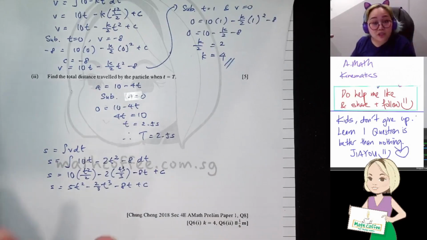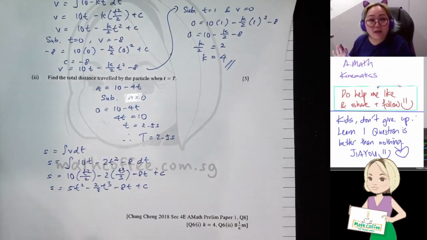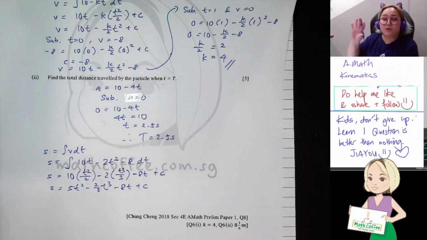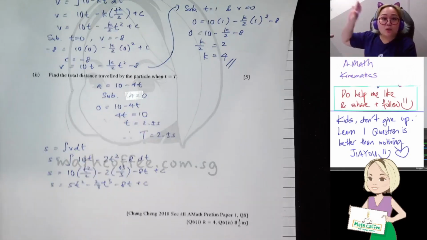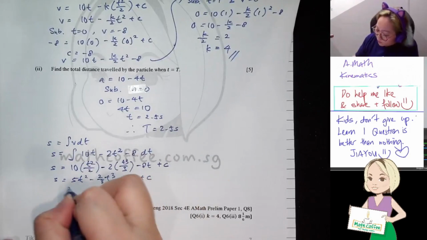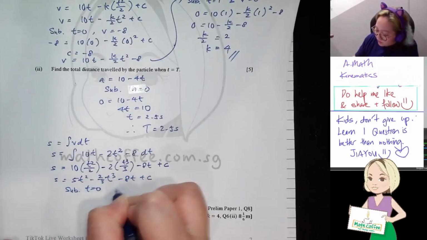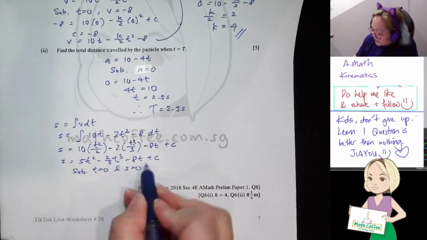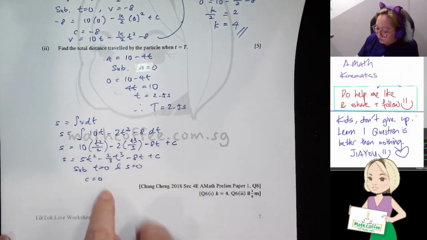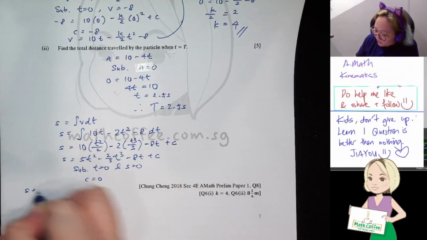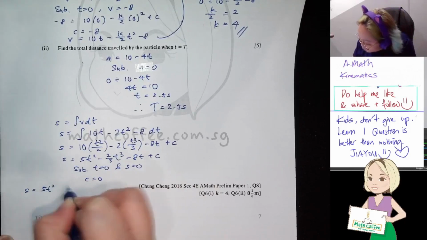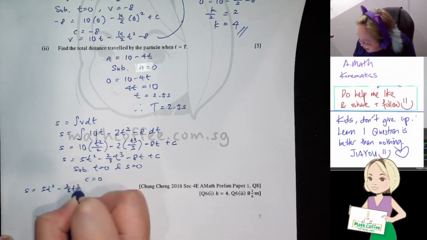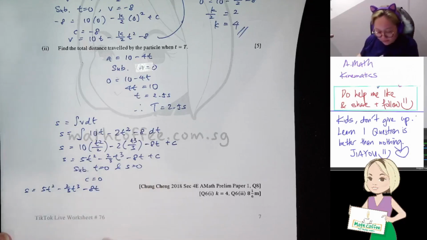This question did not mention anything about what s is at t = 0. So by default, we will sub t equals 0 and s equals 0. Just nice, c equals 0. So therefore, my s will become 5t squared minus 2/3 t cubed minus 8t.